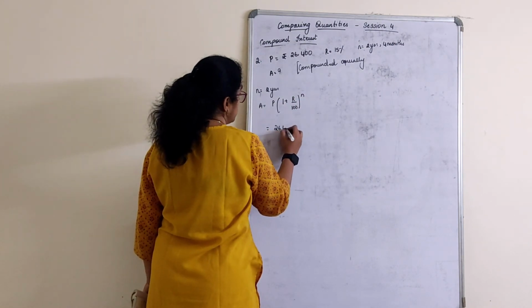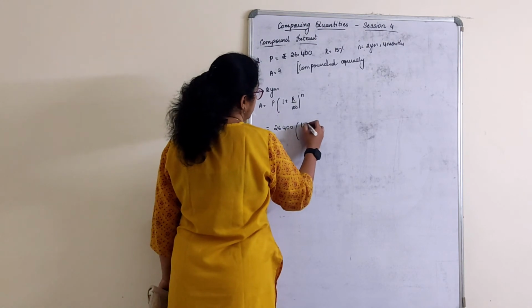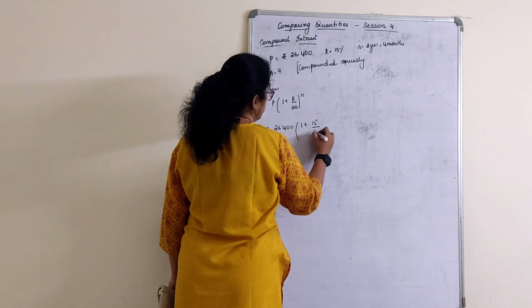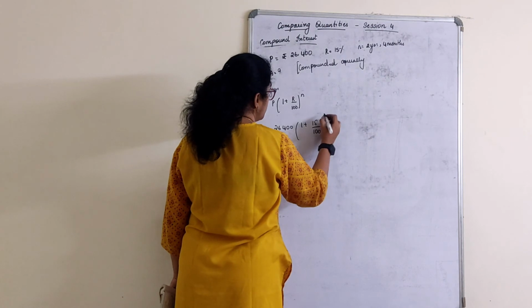Principal is 26,400. 1 plus 15 by 100 raised to 2.